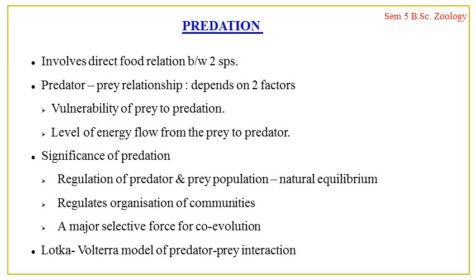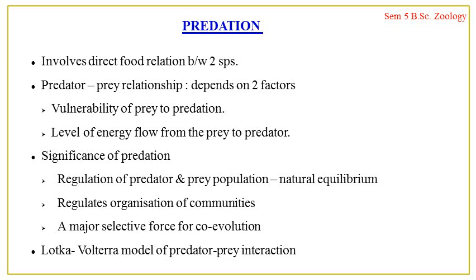Similarly, you can see the predator-prey relation depends upon two factors. One is the vulnerability of prey to predation. This is how vulnerable the prey is to getting predated upon in its habitat. For example, in the case of certain larvae, the butterfly larvae, you can see they are so camouflaged that they may look like a dry twig, or dry leaves, or even like green leaves of a plant.